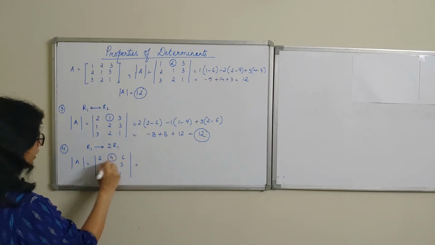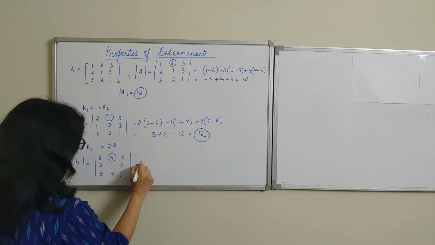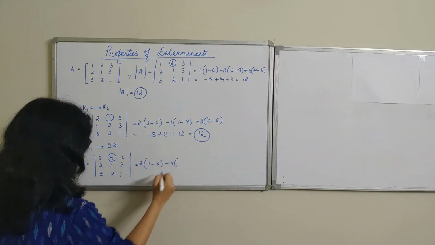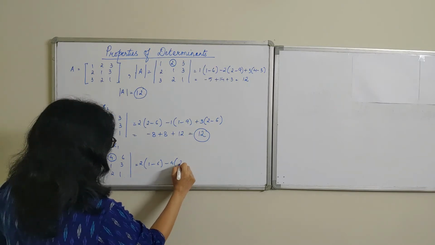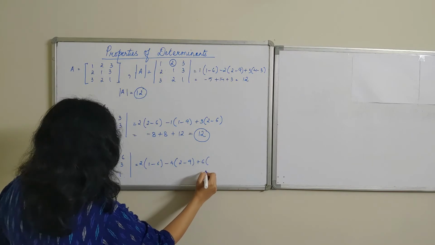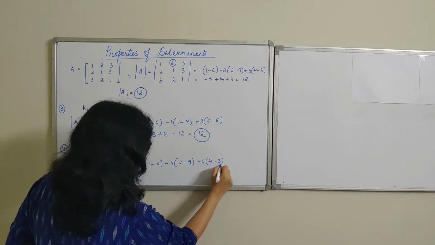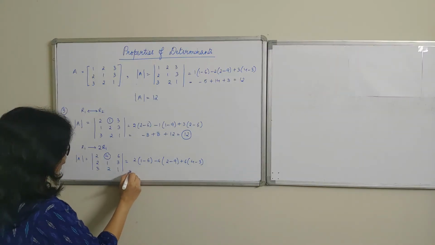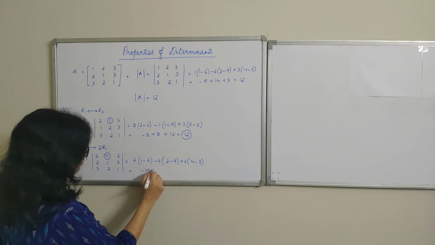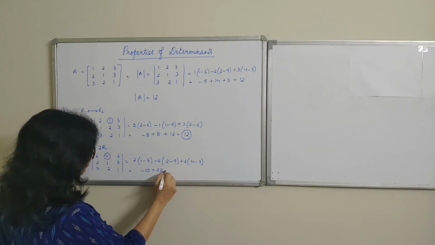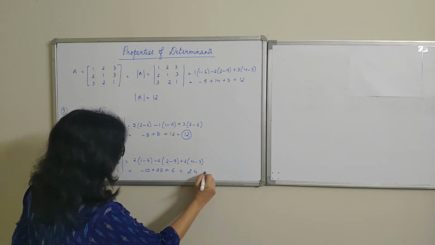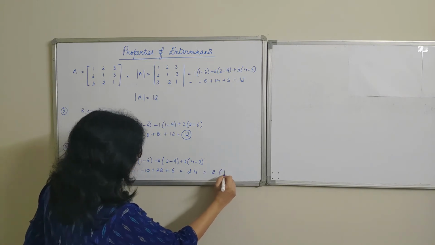Again, evaluating by expansion along first row, we get 2 into 1 minus 6 minus 4 into 2 minus 9 plus 6 into 4 minus 3. So on further simplification, this value is minus 10 plus 28 plus 6. So this 18 plus 6, 24, which can be written as 2 times 12.